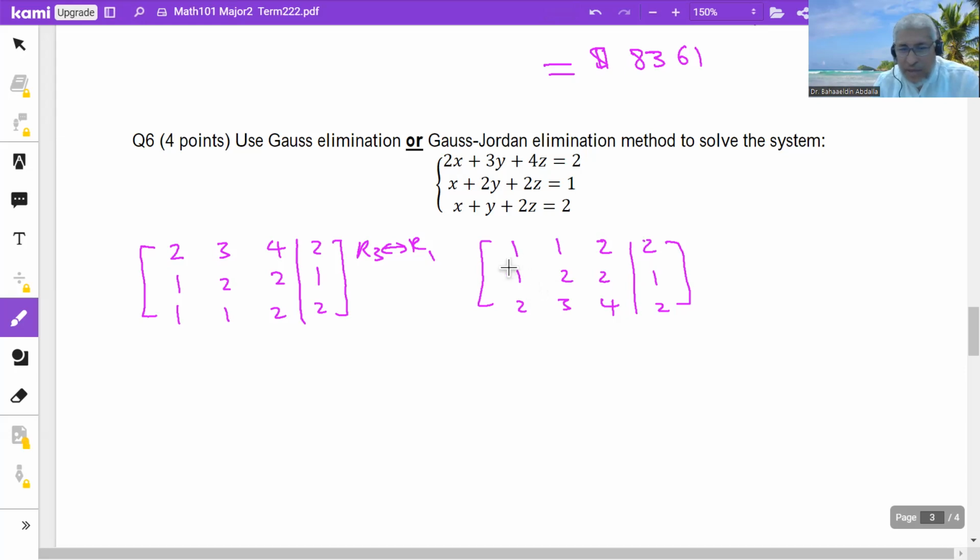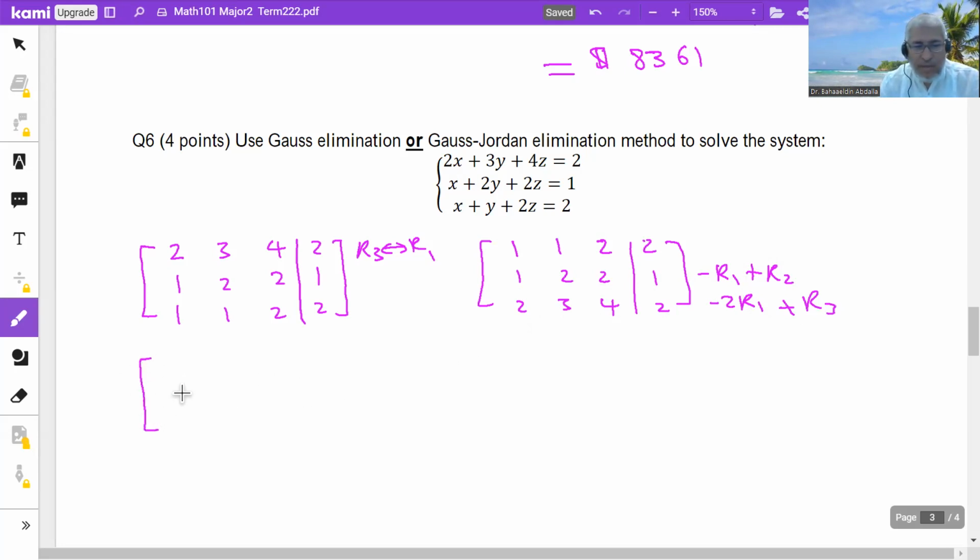So to make this one 0, I multiply row 1 by -1 and add it to row 2 and replace the result by row 2. And to change this 2 to make it 0, I multiply the 1 in the first row by 2 and add it to row 3.